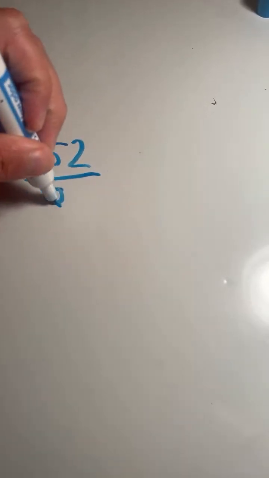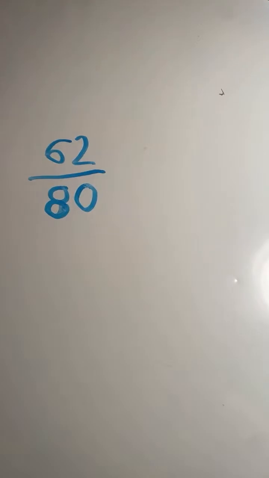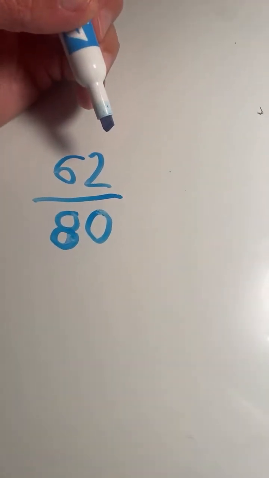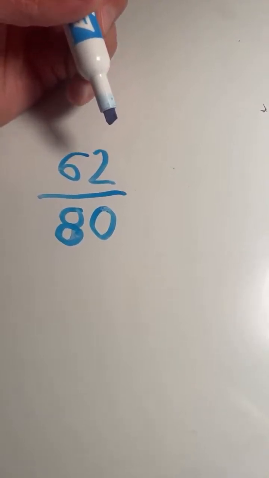Next example is 62/80. Now, the greatest common factor between 62 and 80 is 2, so that's what we have to divide by to reduce to lowest terms.